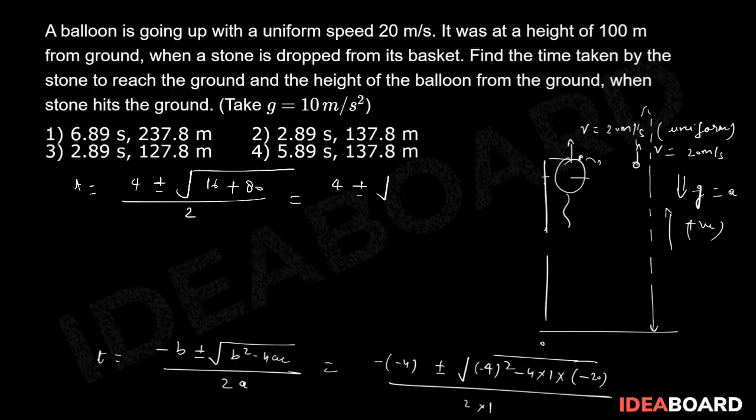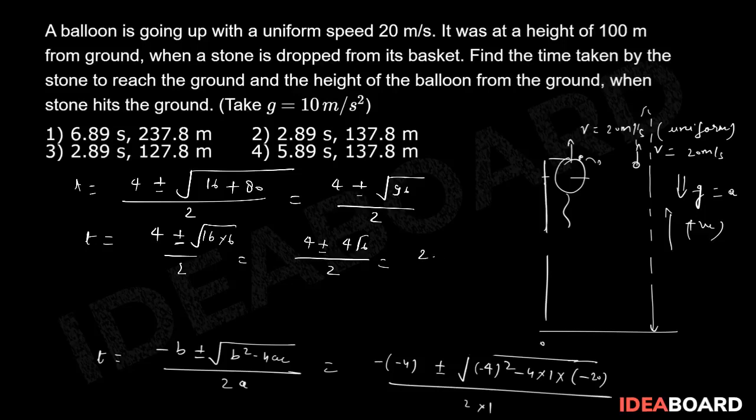This is 4 plus minus root 96 by 2, and then this is 4 plus minus root of 16 into 6, which is 4 root 6, by 2, which gives us 2 plus minus 2 root 6 seconds, right?